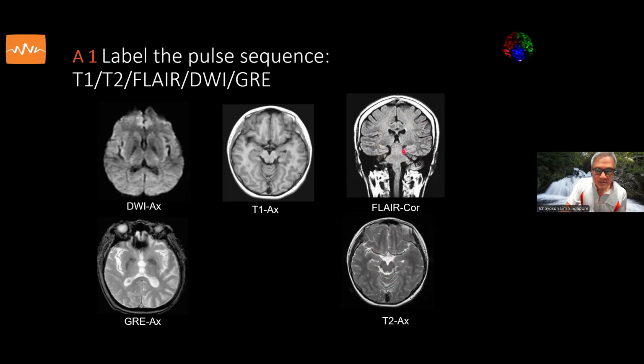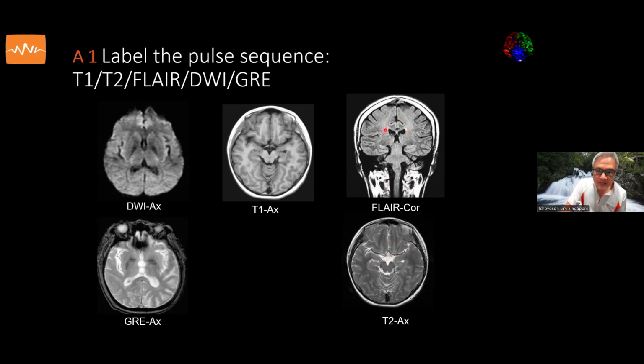FLAIR is an image that is interrogating T2 weighted information. So when there is increased water, such as in cerebral edema, FLAIR will show high signal intensity. However, fluid attenuated inversion recovery, FLAIR, is slightly more sensitive than T2 weighted MR image, in the sense that it removes the distracting hyperintensity of normal CSF.